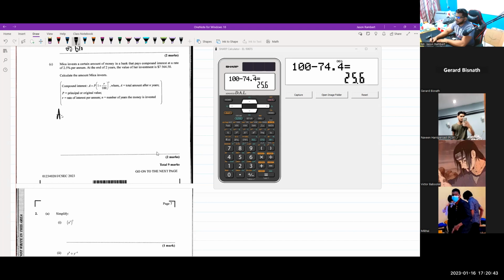A is equal to principal, 7564.50, into 1 plus the rate 2.5 over 100, to the power of 2. That's how much money she would have gotten after the 2 years.